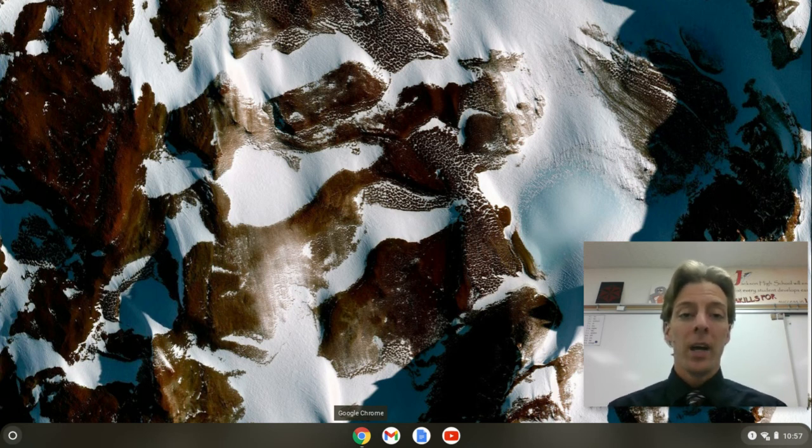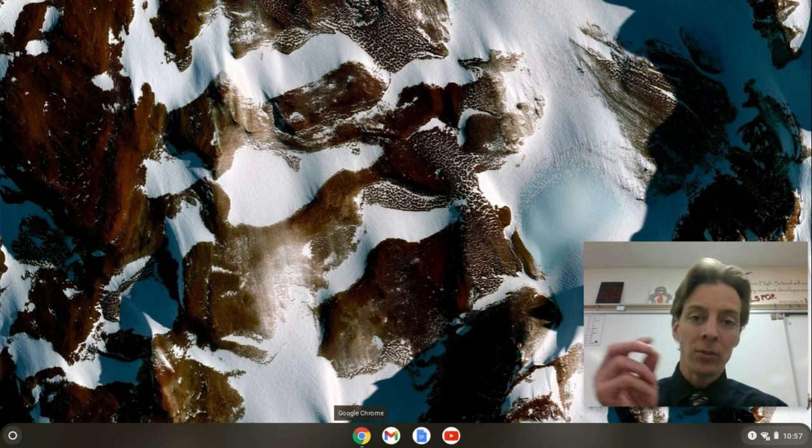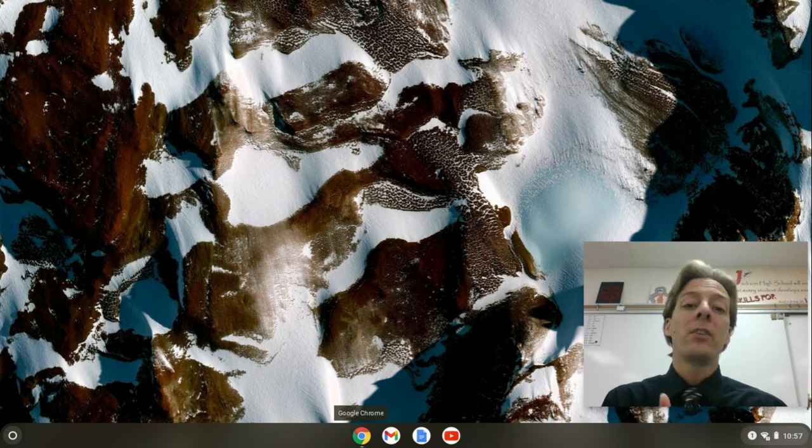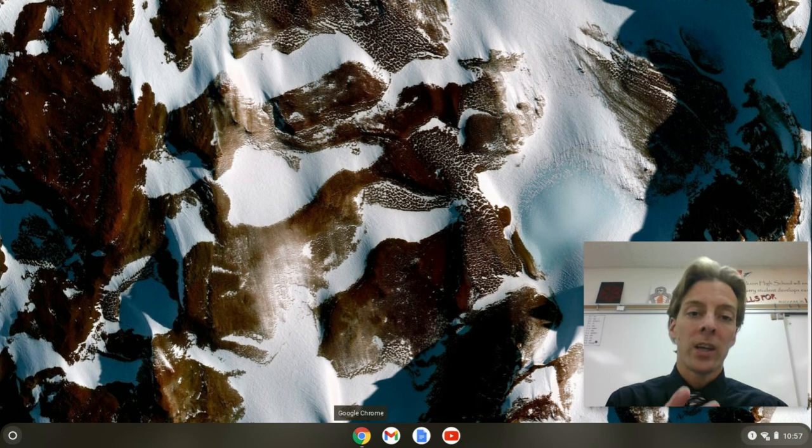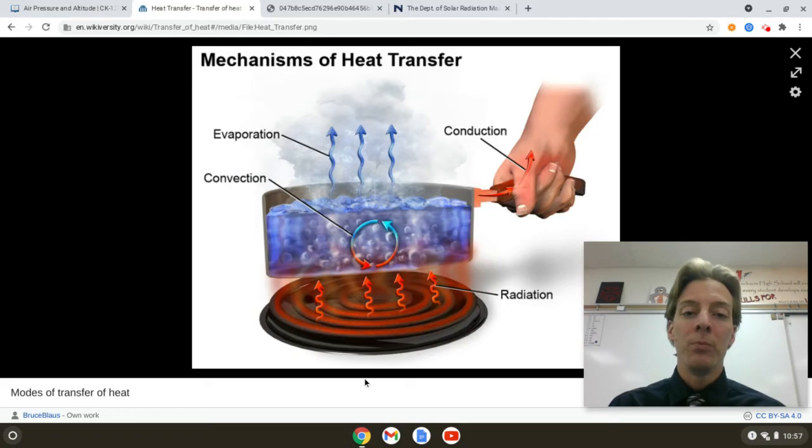If I have a hot pan and I drop an ice cube in it, the energy from that pan that goes into the ice cube and warms the cold molecules in it, that energy is heat. It's not temperature, it's heat. Heat is the movement of energy from a hot thing to a cold thing.